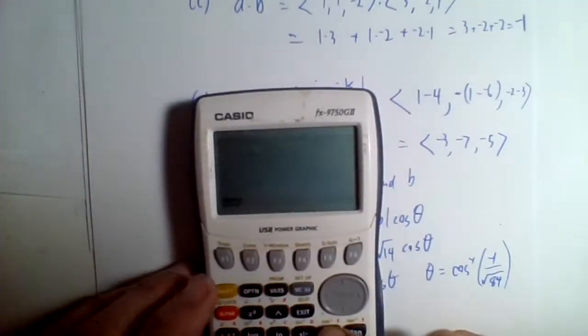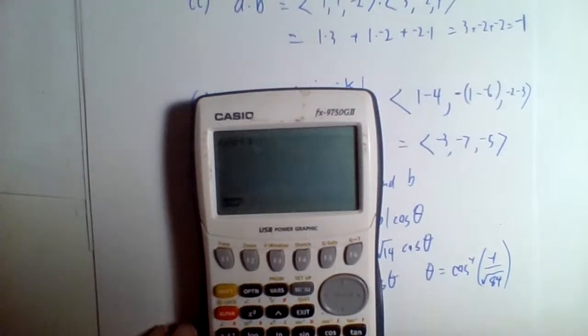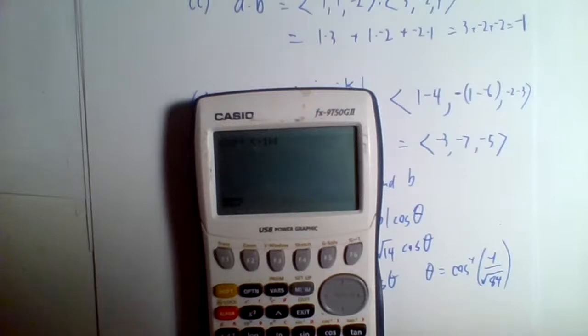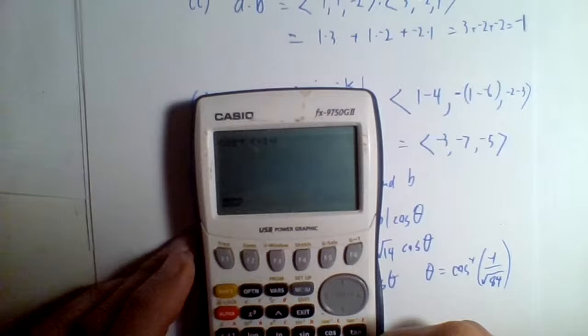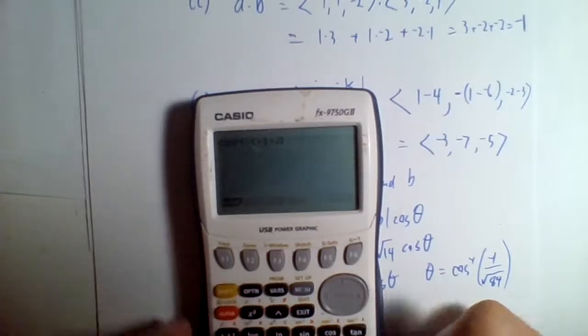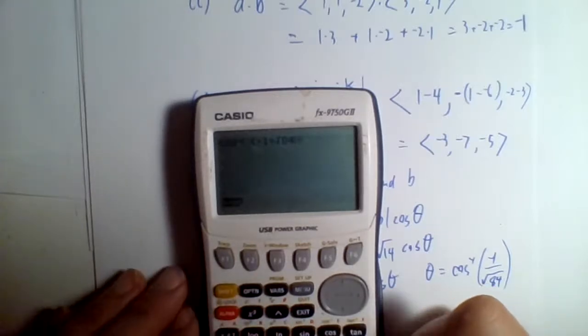So if I'm in degree mode, I can just do the inverse cosine of this. It is a negative value. I could write it and I could rationalize the denominator or whatever. I don't need to if I'm going to just calculate this thing. Negative 1 over square root of 84.